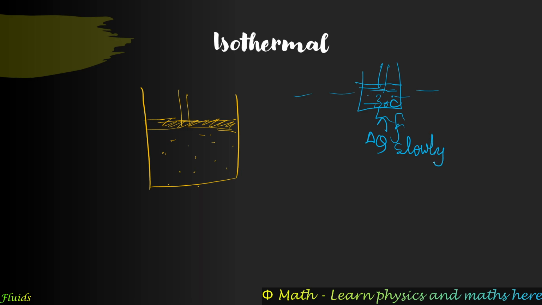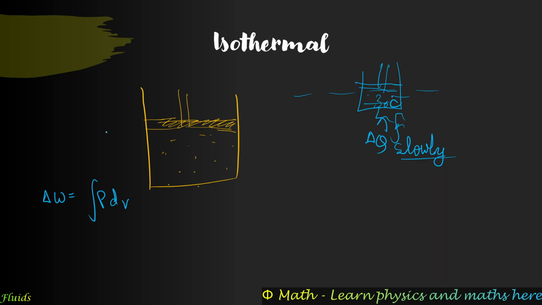The heat should be provided slowly, otherwise the pressure would build up. The work done, delta W, is the integration of P delta V. We have done this many times and we are going to do it again.